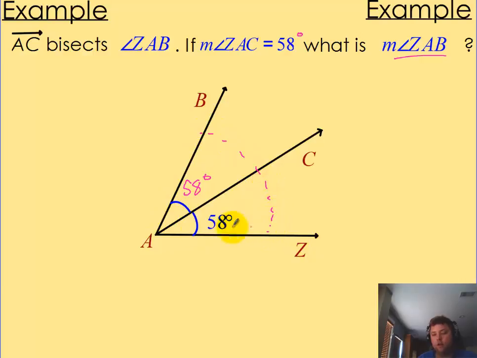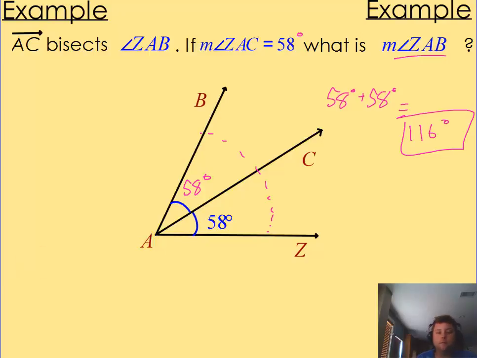We can go back to the last section, where we said we can add two adjacent angles if they share the same vertex and they add up to the whole thing. So the measure of angle ZAB is 58 degrees plus 58 degrees, which equals 116 degrees. So that's the measure of angle ZAB, 116.